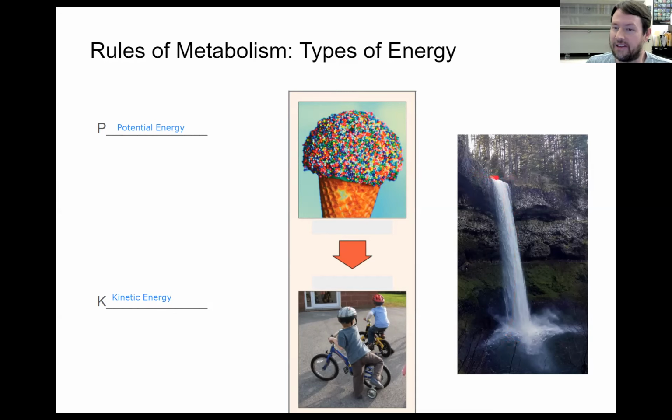Then as that water falls, it is converted into kinetic energy, sound and motion and heat at the bottom of the pool here. In a similar way, this ice cream cone might represent potential energy, energy that is stored. When a young human eats it, they might be able to use that energy to ride their bikes around or walk around or think. So those are just the two basic types of energy.